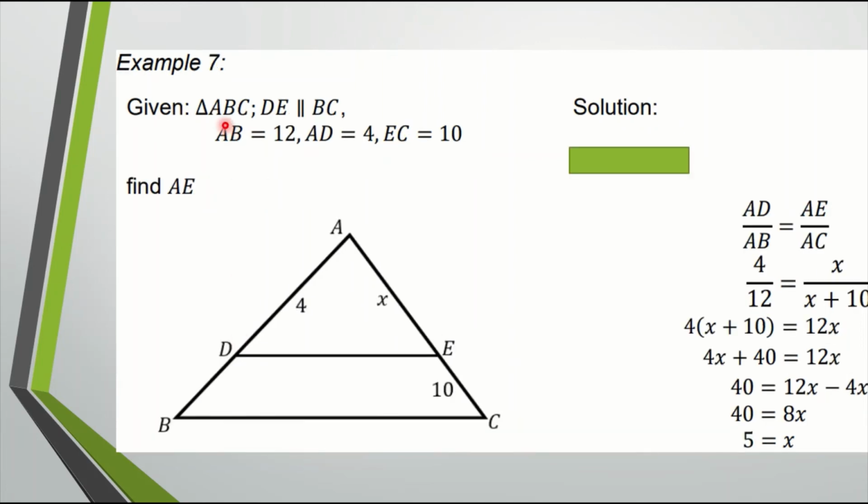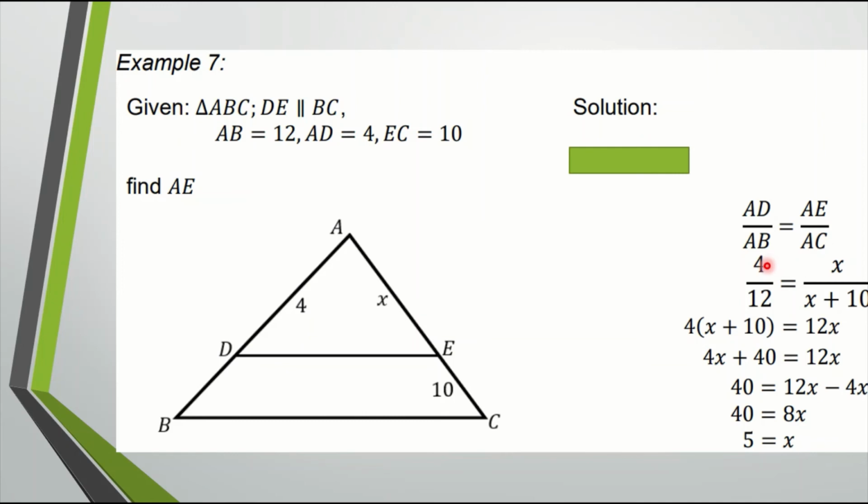Next, so triangle ABC, DE is parallel to BC. Ayan, DE is parallel to BC. So, AB is 12, AD is 4, and EC is 10. Okay? So, pero wala tayong value ng dito, upper right. So, find down natin yung AE. Ayan. So, AD over AB is equal to AE over AC.